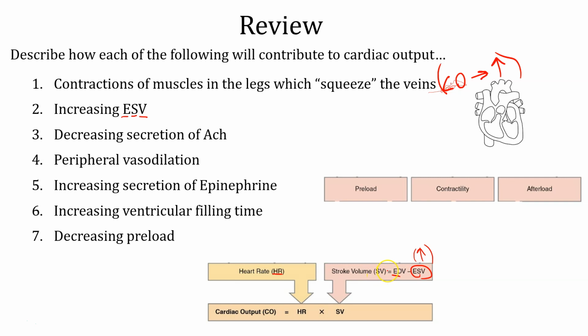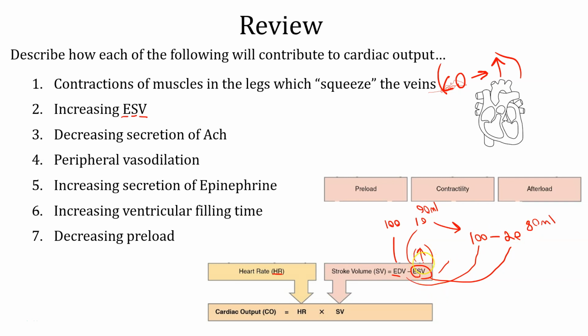That would actually lower it, because, just to give an example, let's say end diastolic volume was 100 and end systolic volume was 10, and then after we increased the end systolic volume, it went from 10 to like 20. This is kind of like the before and after. You can see that in this scenario, the stroke volume would be 90 mils of blood, and here it would be 80 mils of blood.